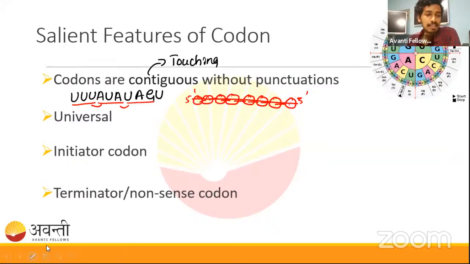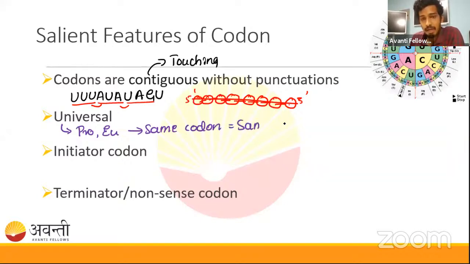Okay, next thing, these codons are universal. That means everywhere, whether prokaryote or eukaryote, plant, fungi, bacteria, the same codon codes for the same amino acid. Remember, we are leaving out the exceptions.